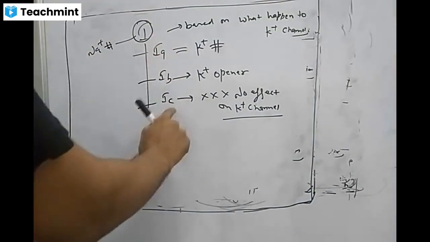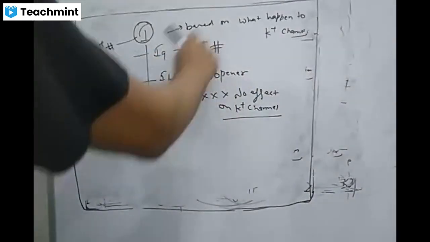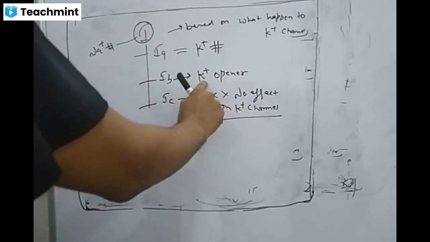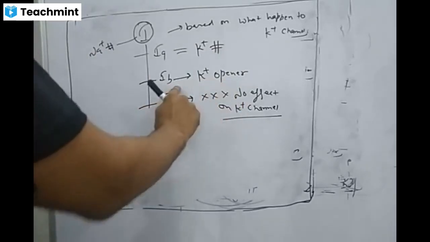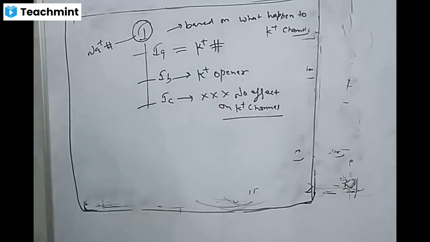So this is the further classification of class 1 drugs: 1A, 1B, 1C, based on what happens with potassium. If you close the potassium channel, they come under 1A. Open the potassium channel, 1B. No effect on the potassium channel, 1C.